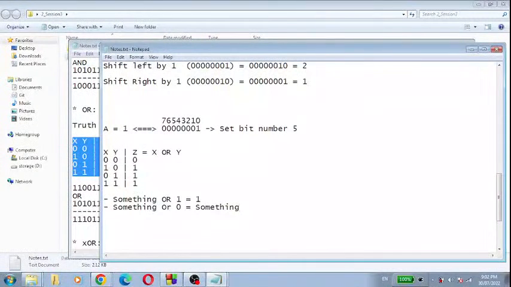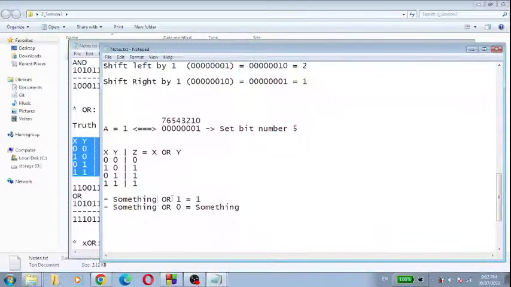So what does this mean actually? When you have something or anything that's ORed with 1, the result is going to be 1. If you have 0 here, 0 ORed with 1 is going to be 1, and if you have 1 here, 1 ORed with 1 is going to be also 1.